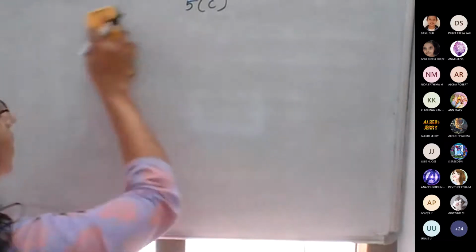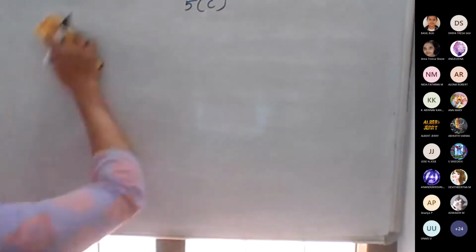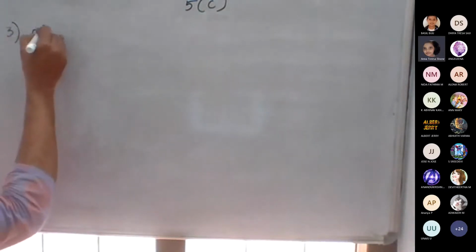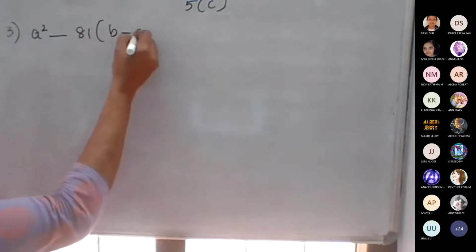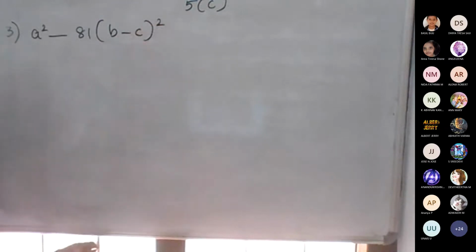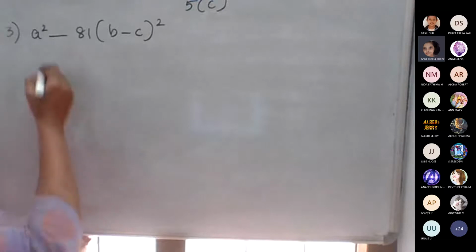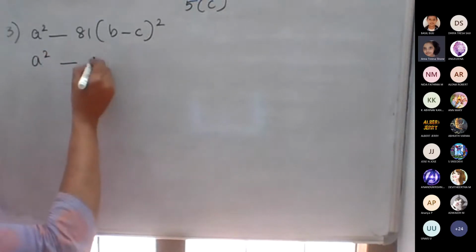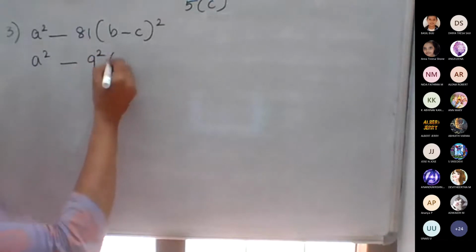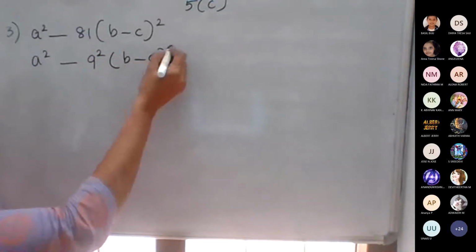So how can we rearrange that? Ma'am, 81 will transfer to 9 square, that is 81 is 9 square only. A square minus 9 square (b minus c) the whole square.